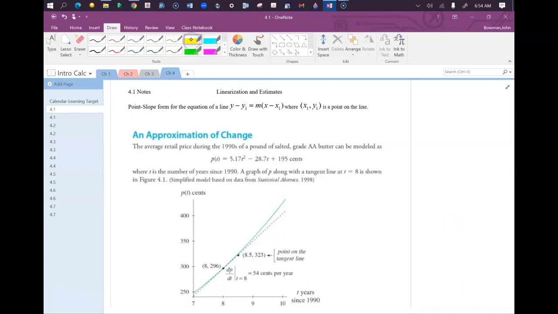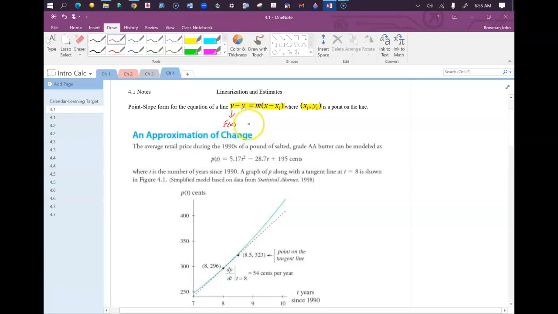So if you remember from Algebra 2 and Pre-Calculus, maybe even Algebra 1, point-slope form for the equation of a line is y minus y1 is equal to m times x minus x1, where m is the slope and (x1, y1) is a point on the line. We're going to use that idea a lot. Instead of y, we're going to use f of x.